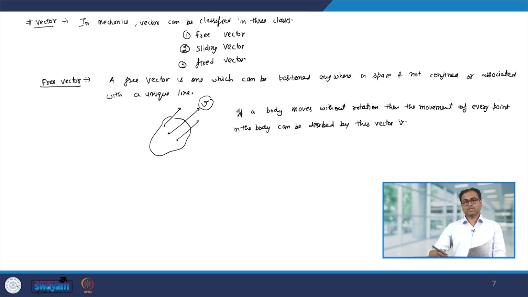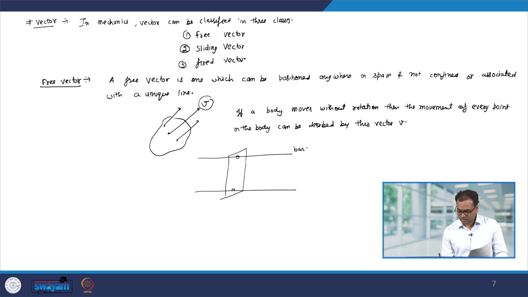And in principle this vector v I can place anywhere in the body. Let us look at another example. Suppose I have a metal plate and this metal plate is moving between two bars. So, this is bar 1, this is bar 2 and this is the metal plate. Now, the velocity of this point I can define by v, and by the same vector I can define the velocity of this point and that point. Therefore, it is in this sense that the velocity becomes a free vector.